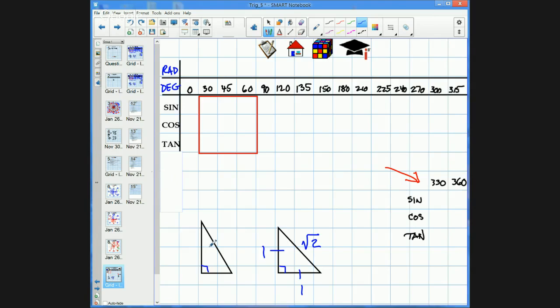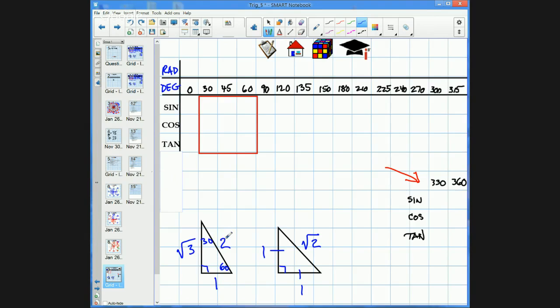Here, this is the 60, this is the 30 degree angle. The side opposite the 30 is half of the hypotenuse. And then using the Pythagorean theorem, we can find that missing leg. So that became the root for filling out what was in the red box in our chart here. So if we start with 30 degrees, what's the sine of 30?